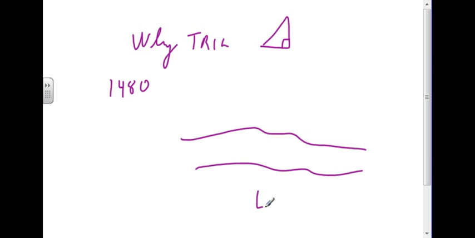So think of yourself, it's now 1480 in Europe, and there's the river, and here's your artillery piece on this side of the river, and you want to hit the castle on that side of the river, and things cost money, right?